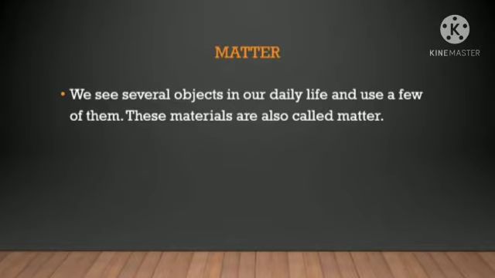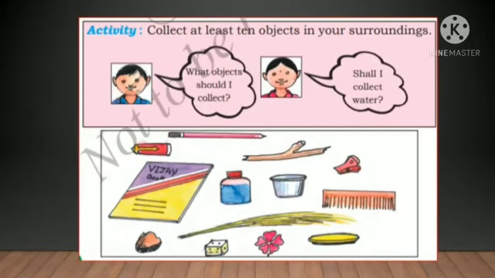In our daily life we see objects in different forms. There is one activity given on page number 130. Collect at least 10 objects in your surroundings. What objects should I collect? Shall I collect water?